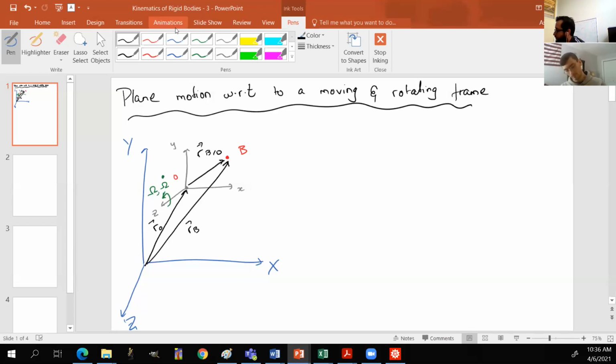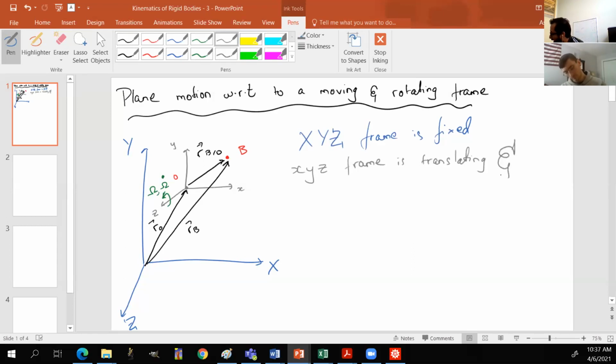All right, let's get the definitions out of the way. Let's make it color coordinated. The capital X, capital Y, and capital Z frame is fixed. And then we have little x, little y, and little z, and that frame is translating and rotating.